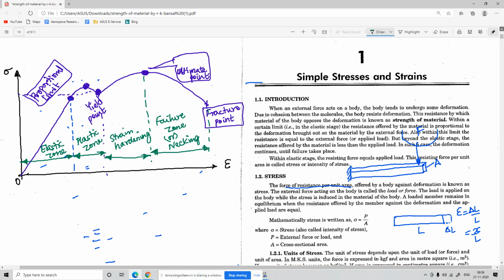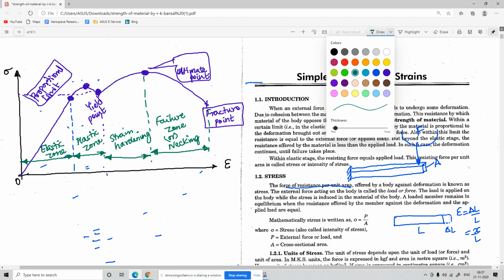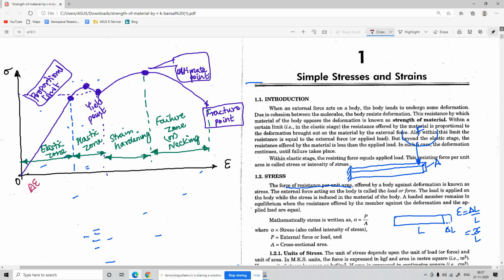Now you can also expect one kind of problem, or something relevant to that. They can give you the value of change in strain and change in stress, and from there they will ask you to find the Young's modulus.